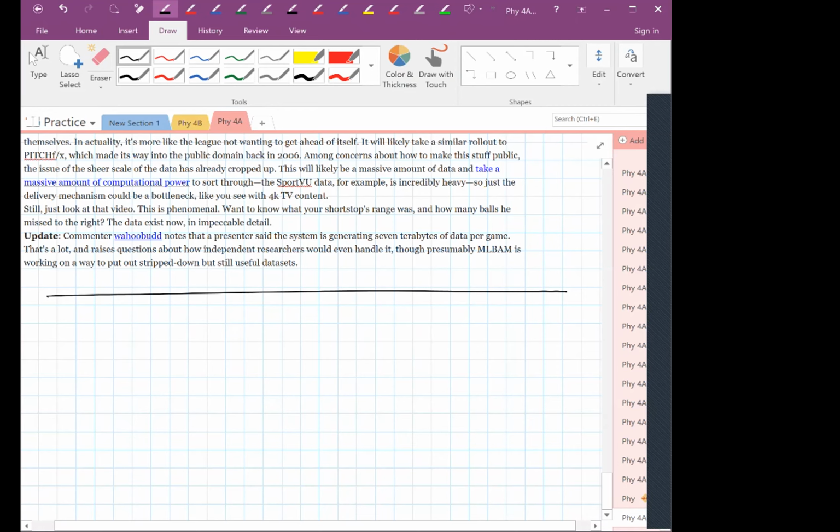Okay, so what do we have? Velocity addition. So let's do a boat crossing a river.